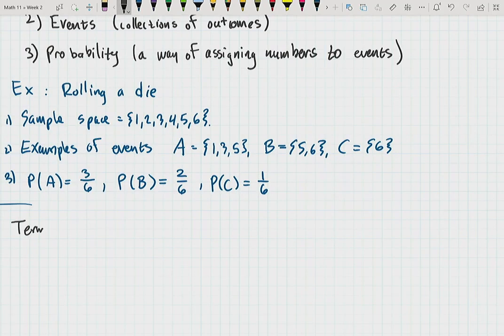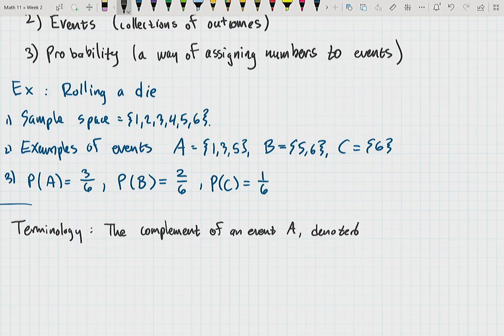Here's some more terminology. The complement of an event A, which is denoted A with a superscript C, is the event that A does not happen.